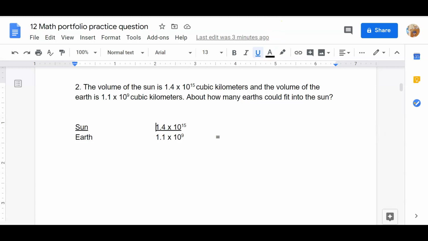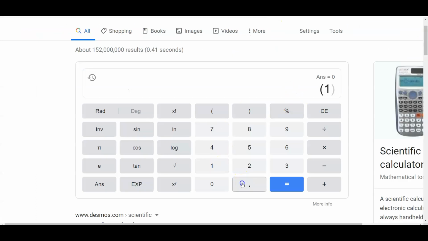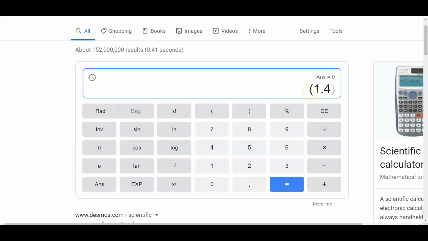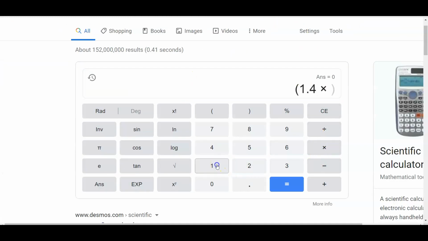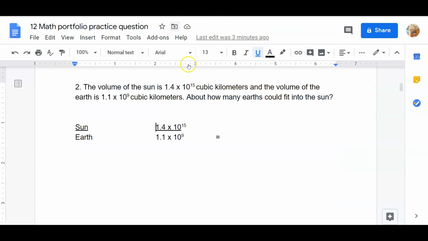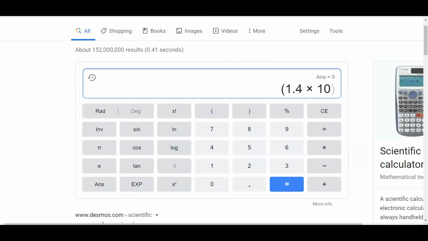So 1.4, notice how the parentheses are first. If you don't have your parentheses first, backspace and put those parentheses down. So 1.4 times 10 to the 15th power. Now this is really important.